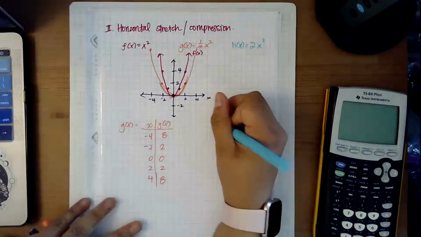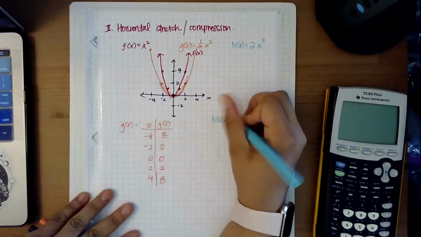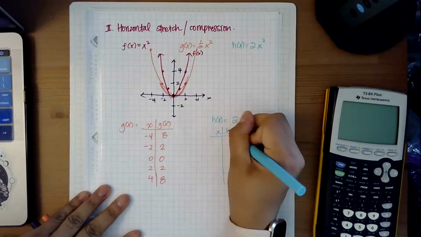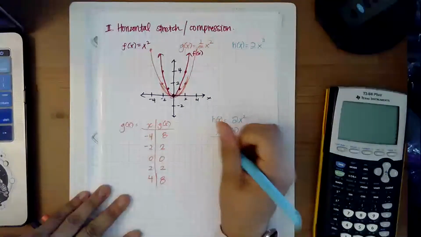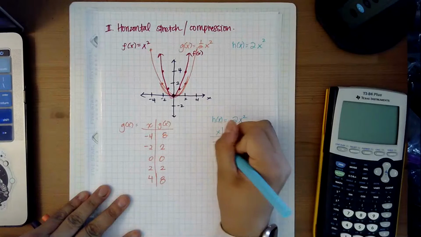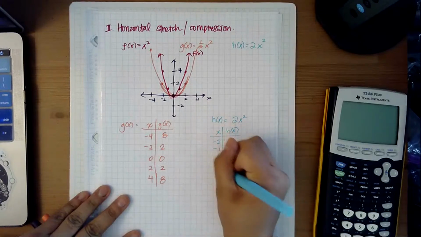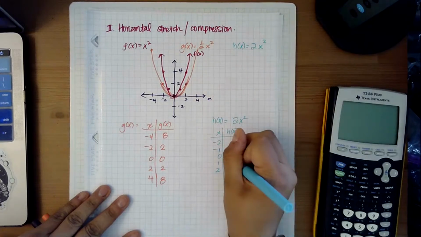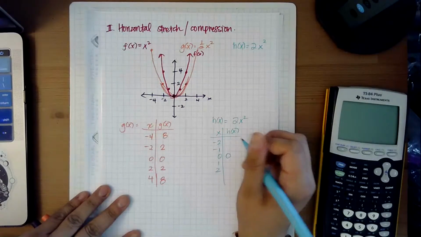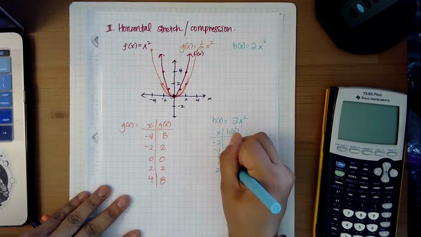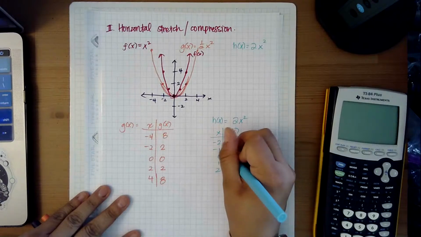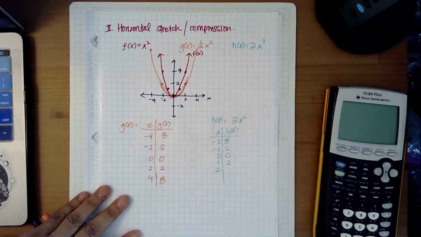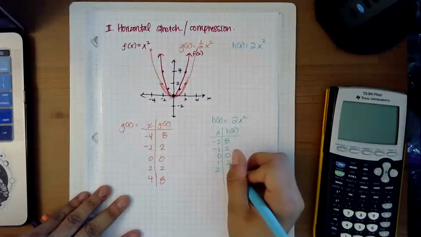Let's look at h of x. So I'm just going to use negative 2, negative 1, 0, 1, and 2. Okay, so let's see, 0 squared, 0 times 2, 0 still. 1 squared is 1 times 2 is 2. Negative 1 squared is 1 times 2 is 2. Negative 2 squared is 4 times 2 is 8. And 2 squared times 2 is 8.